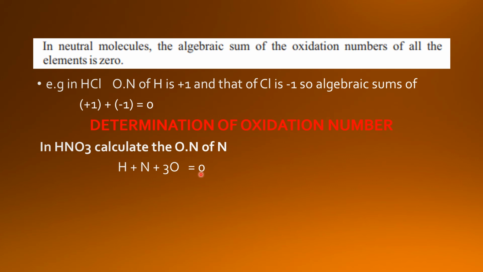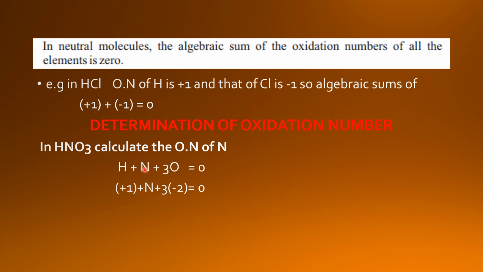Now we will put in their charges. One hydrogen atom carries the oxidation number +1. Why do we consider the oxidation state of hydrogen as +1 here? Because this hydrogen is combined with nitrogen, and nitrogen is a non-metal. So when hydrogen combines with a non-metal, it carries the +1 oxidation state.